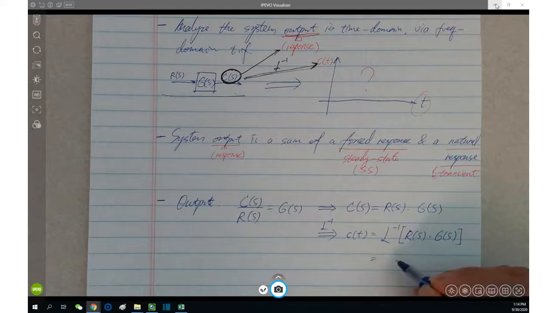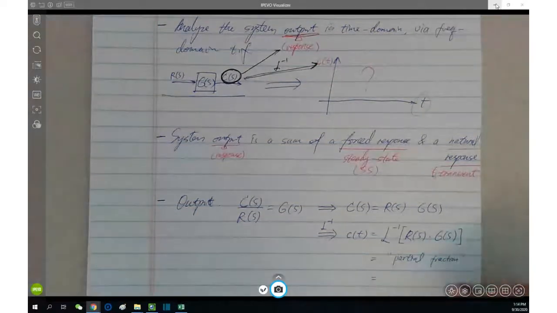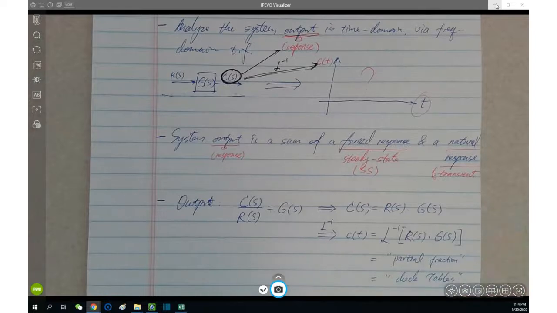And then what do you do? Partial fraction. And then from there, you check the tables, right? And then you get the time domain. Does this procedure make sense? We're going to have, of course, much more specific examples, but the rough idea is not difficult to guess.